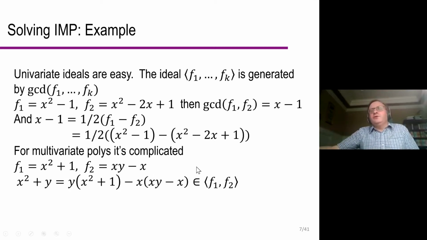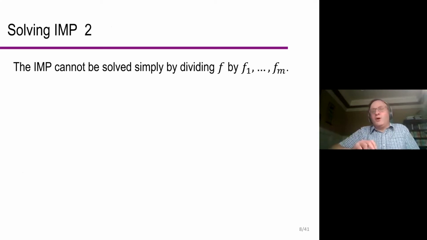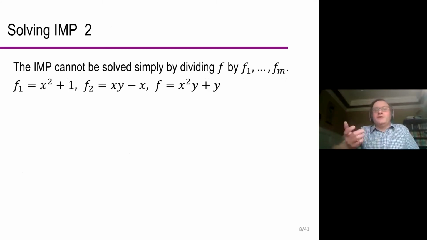And if I don't get 0 after all this division, maybe it doesn't belong to the ideal. Unfortunately, in the general case, it's not quite that simple, and a very simple example shows that. For instance, if I have the same two polynomials f1, f2, and I want to know if another one, x squared y plus y, belongs to the ideal generated by f1, f2.